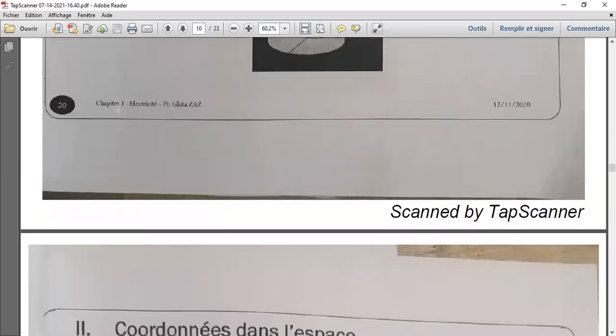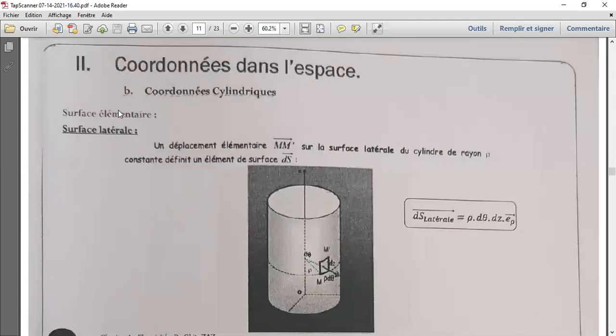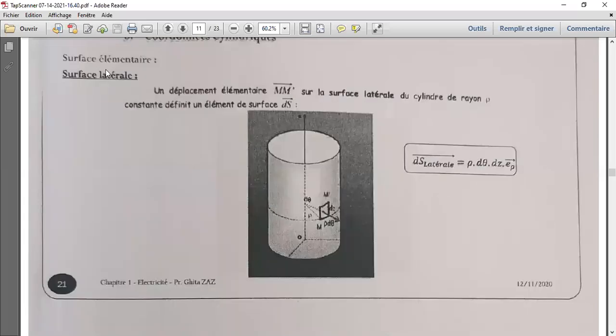Here is where they explain it very well. They say calculate the surface lateral. When they tell you to calculate the surface lateral of a cylinder, they are specifying that the radius rho is constant.